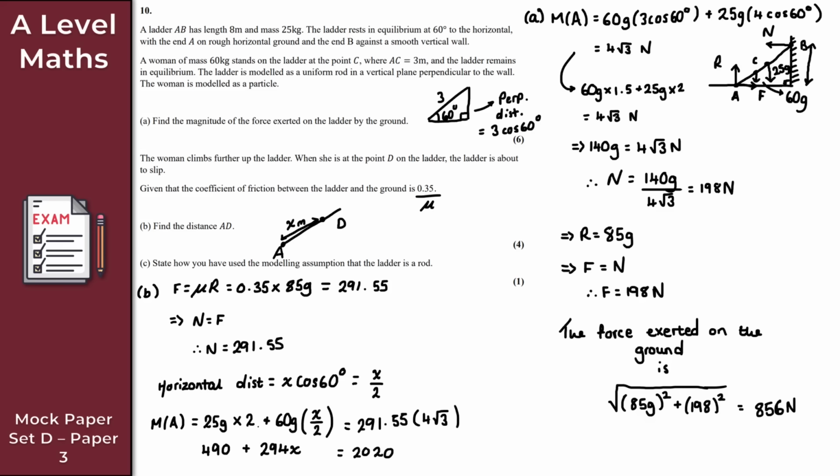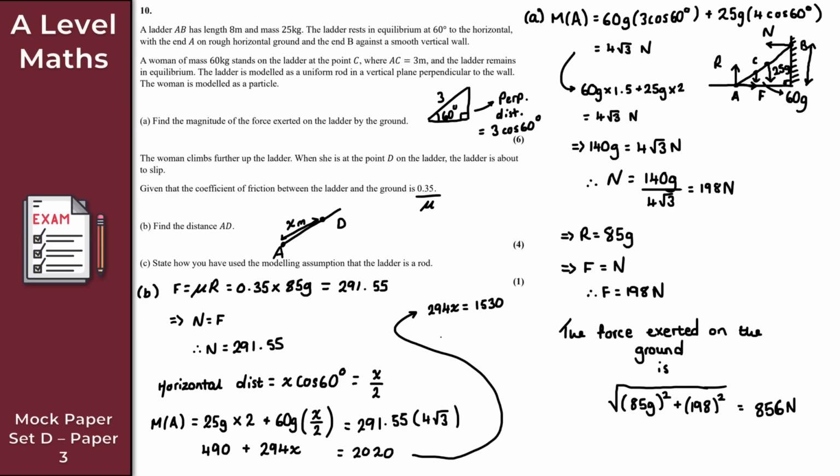So subtract 490 from both sides here, and then divide through by 294. As we can see, I've run out of room here, which is always a problem of mine. What we get then is 294x is equal to 1530.